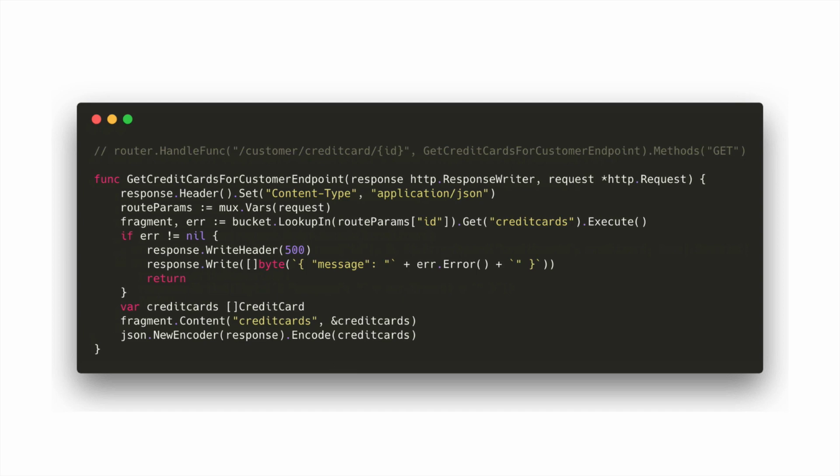If there was an error, return it. Otherwise, let's get the fragment that we tried to look up. And just like with the mutate in, you can chain together different lookup in operations. So if you wanted to get maybe the first name in the credit cards, you absolutely could. In this case, the only fragment that we returned was credit cards. So we're going to return that in the response.